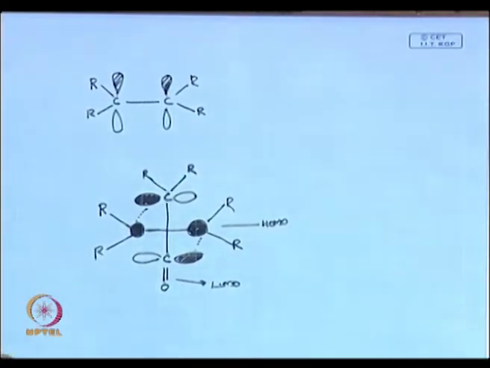Okay. So, any doubt in this? Why ketene chemistry happens nicely? Because this is the geometry I am talking about. Okay. So, what we will do is that now we will try to understand this ketene chemistry in detail.